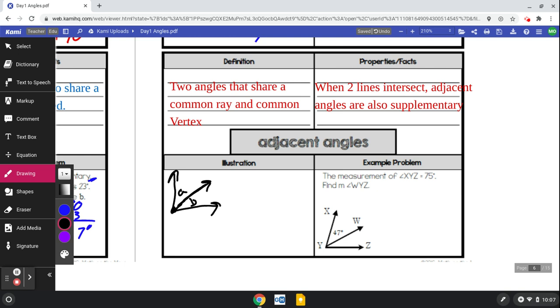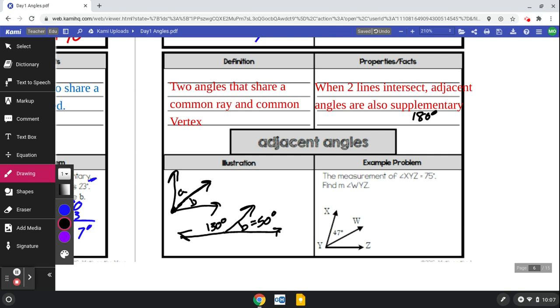Now say we have a straight line and we have a ray that comes out from there. Now angle A, say this is 130 degrees, and this is angle B. They have to equal a straight line of 180 degrees. That's what supplementary means. Remember, that is your 180 degrees.